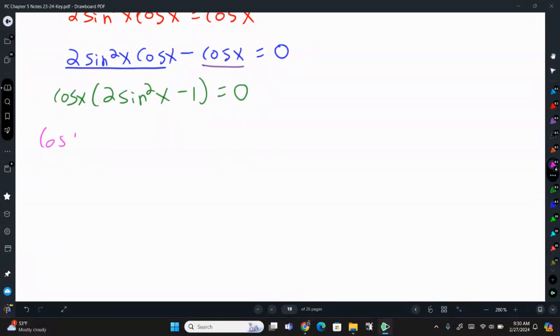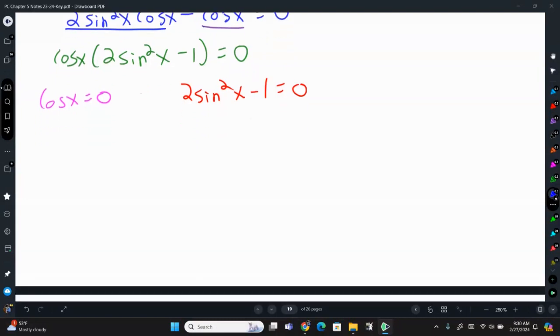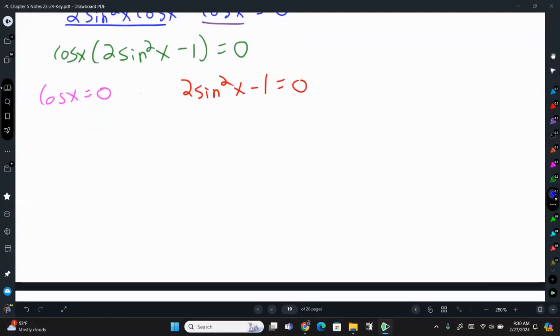We can break this up into cosine x equals 0 and 2 sine squared x minus 1 equals 0. Well, the left part is easy. Cosine is equal to 0 at pi over 2 and 3 pi over 2. So x equals pi over 2 and 3 pi over 2.